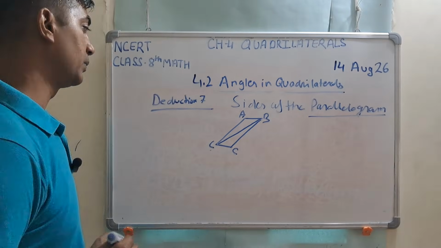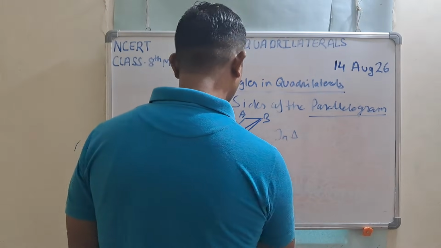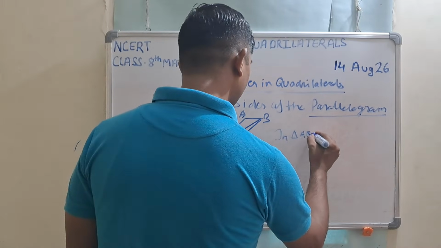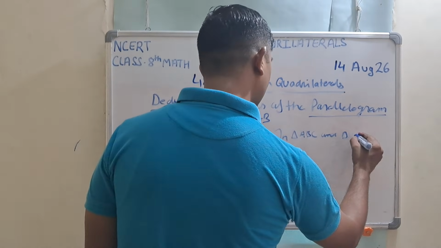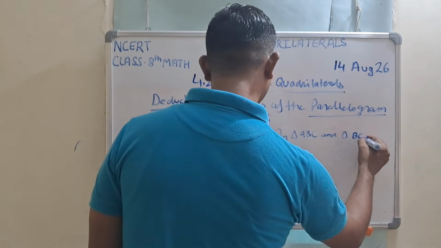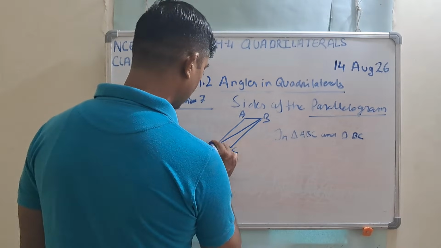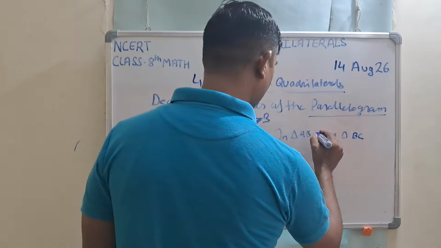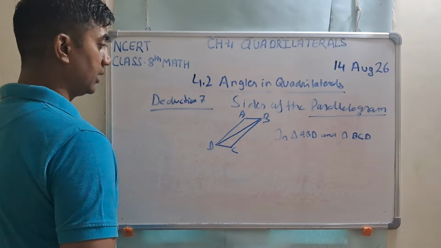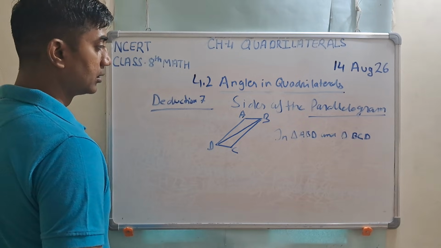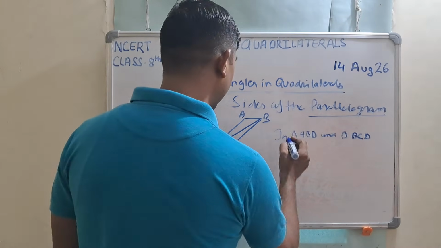We have joined this diagonal, and we see triangle ABD and triangle BCD. In triangles ABD and BCD, BD is common.